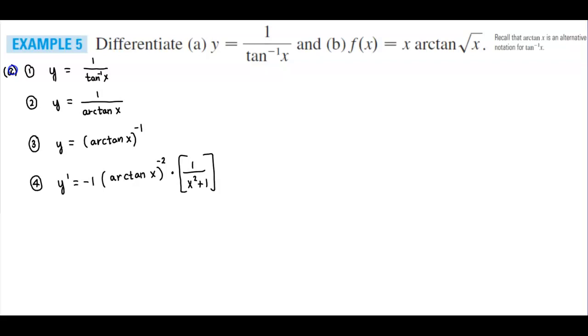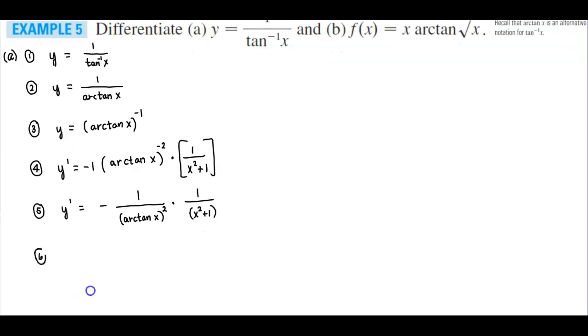So what does that tell us? Well, let's just reorganize this. So we have y prime, which is equal to what's left in the numerator. Well, this is going to be negative 1 over the arctangent of x to the second power times 1 over x squared plus 1.